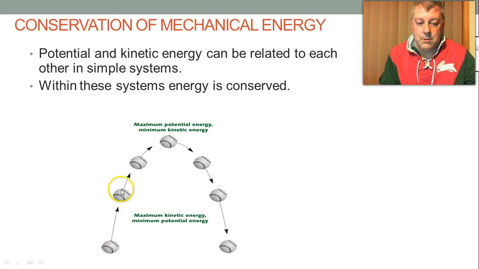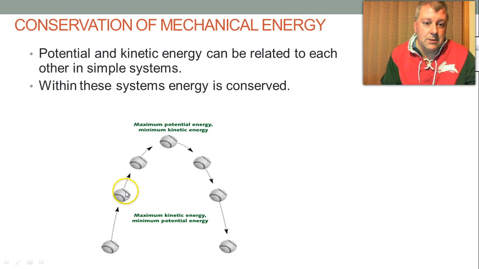Now as it goes up, of course, if we remember from projectile motion and our equations of motion, because hey, physics is all related to each other, it's going to slow down due to gravity, and so just at this instant it would momentarily stop, so its velocity would be zero. So it would have the minimum kinetic energy. Now where's all the energy gone?